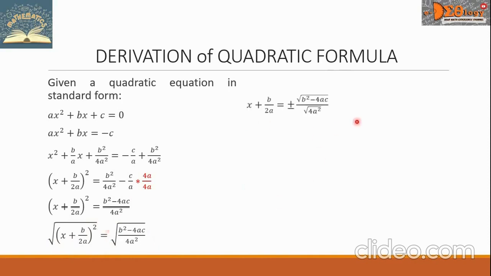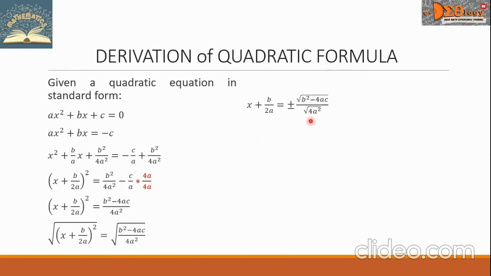This is now the resulting equation. We have x plus b over 2a equals plus or minus the square root of the quantity b squared minus 4ac all over the square root of 4a squared.